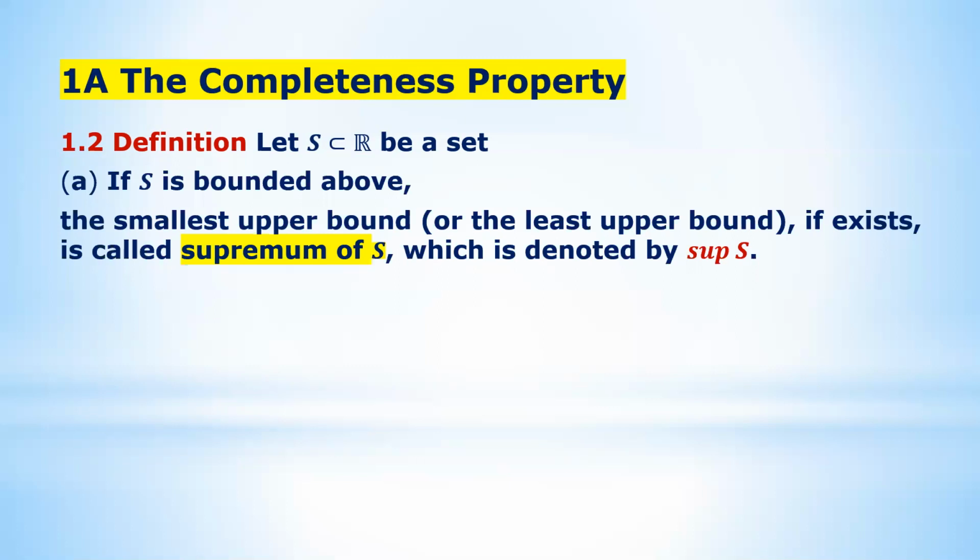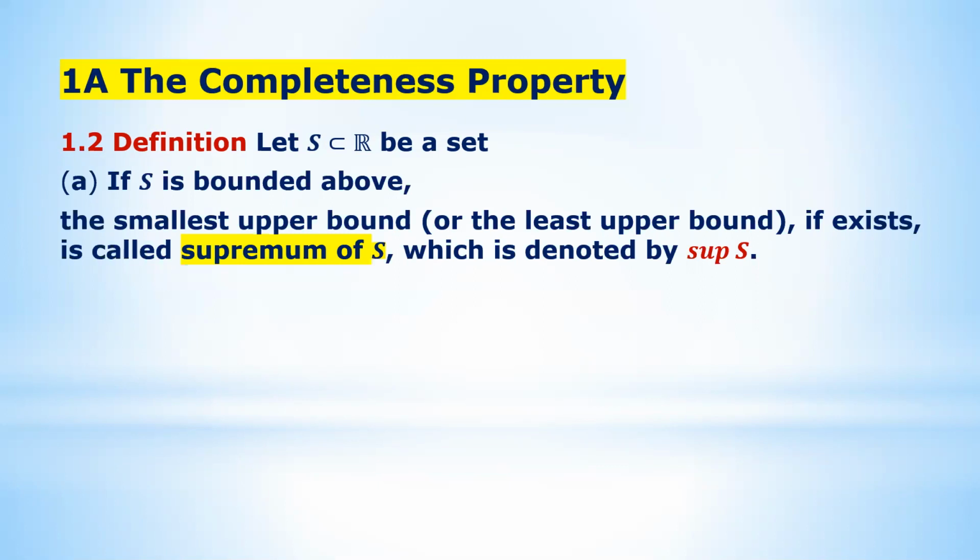So in this definition, what we are doing is just introducing a concept called the supremum of S. What is the supremum of S? It's shortened as sup S. It's basically the least upper bound or smallest upper bound. When we made this definition, we assumed that the smallest upper bound exists.